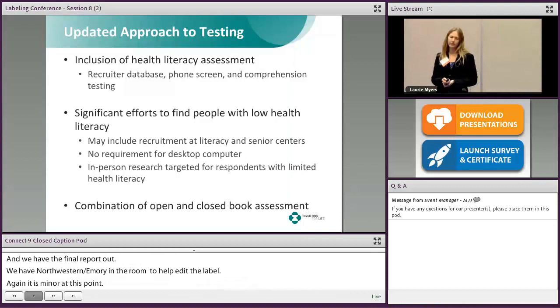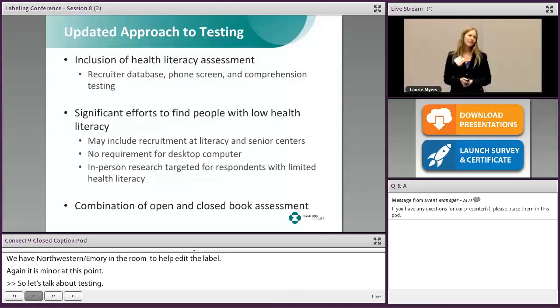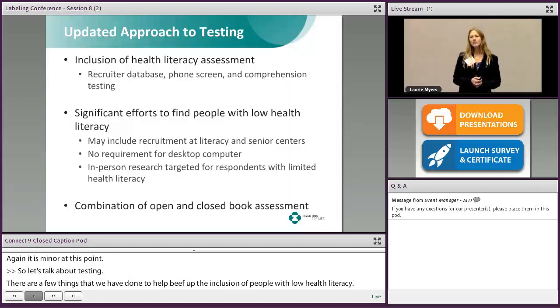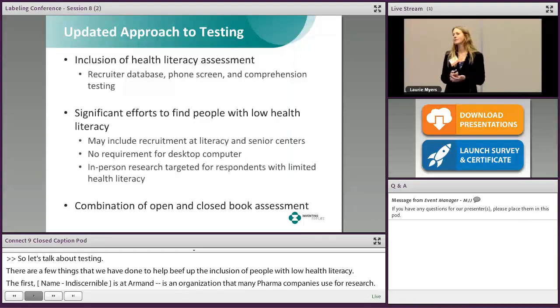So I want to talk for just a second about testing. There's a few things we've done to really help to beef up the inclusion of people with low health literacy. So the first, Schlesinger is an organization that many pharma companies use for market research. So they actually started adding a preliminary health literacy question we use, and then there's a final test.